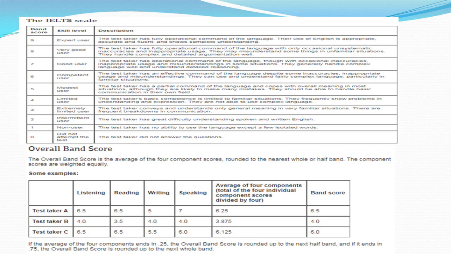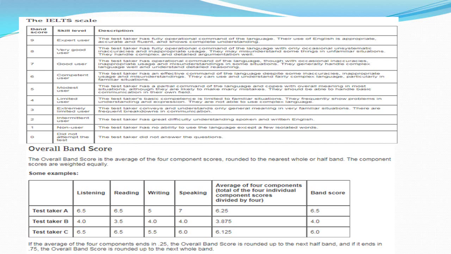So if your score is 7, it is called good user. The test taker has operational command of the language with occasional inappropriate usage and misunderstanding in some situations. So they generally handle complex language well and understand detailed reasoning, okay? And score number 8, very good user.